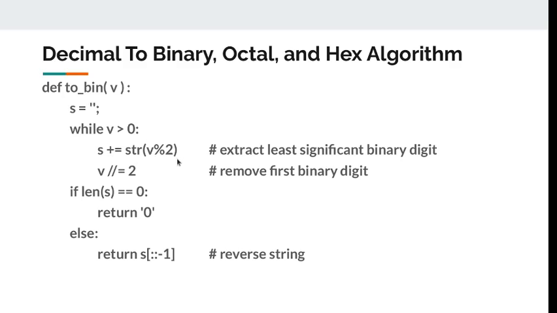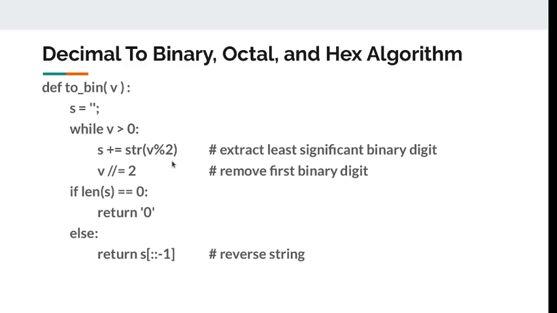So we're just saving the remainder, and because it's binary, you're just saving the zeros and ones, because the radix is 2. And this is what we're doing. We're just removing the division that we just did. And this algorithm uses the mod for building the string, and we use the floor division to remove the last binary digit.